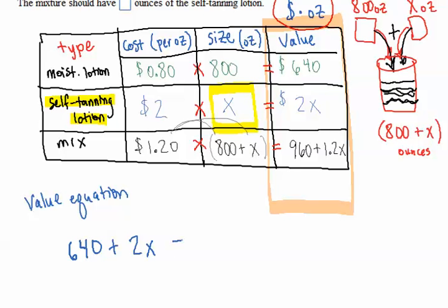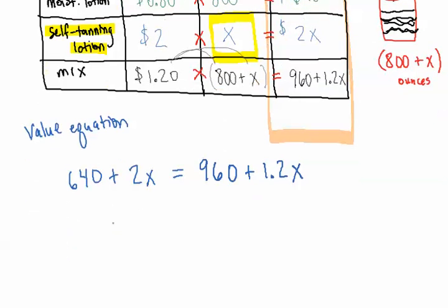And once I know what x is, if x was 10 ounces, that would be $20, right? So 2x cost for the next one. It's supposed to make this cost for the final mixture. 960 plus 1.2x. That's the value equation. That's the one we can solve.